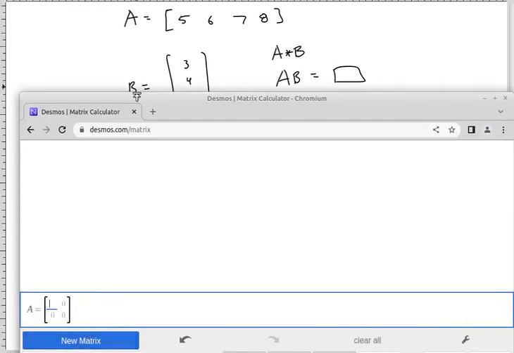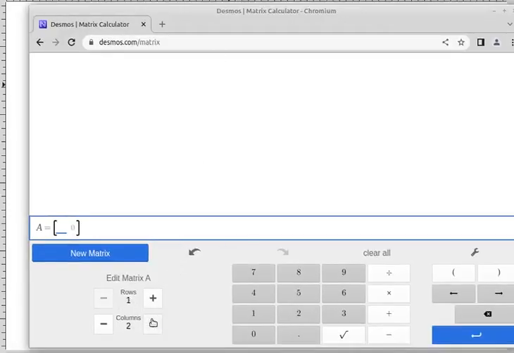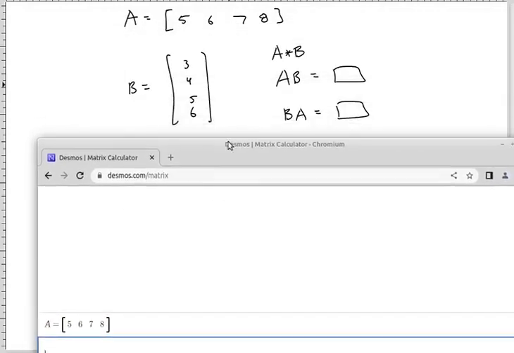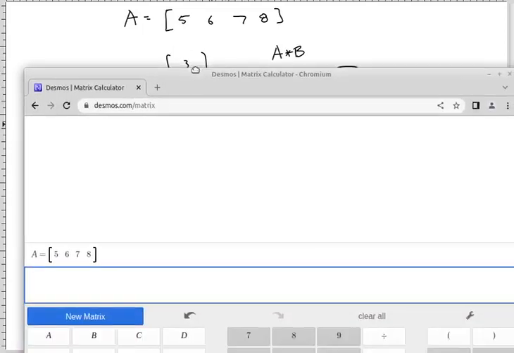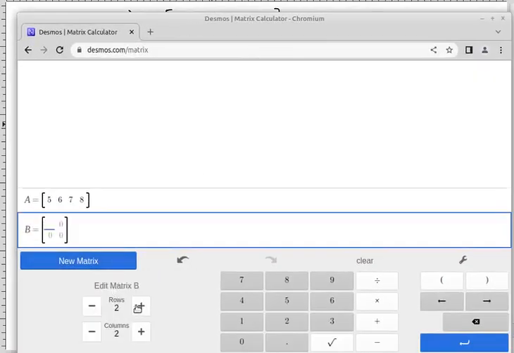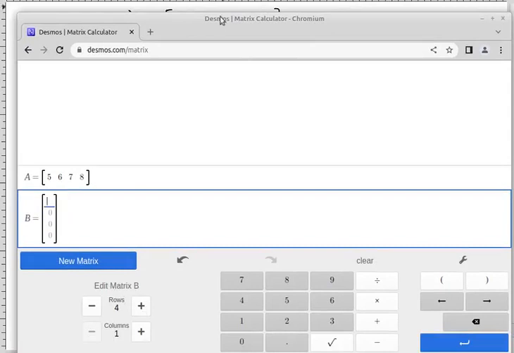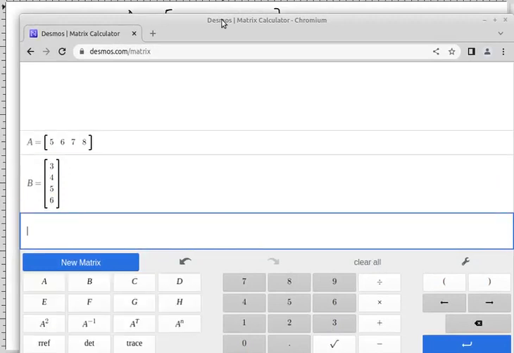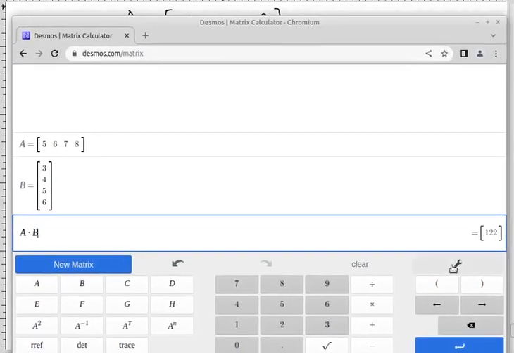The first one is a 1 by 4: 5, 6, 7, 8. And my B matrix is a 4 by 1: 3, 4, 5, 6. They want A times B. What's so weird is we got a single number, 122.